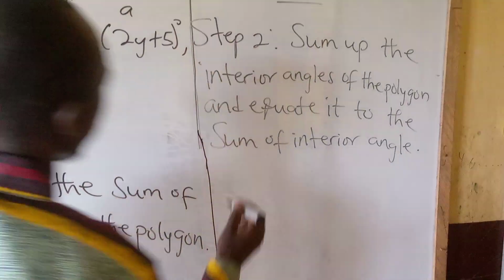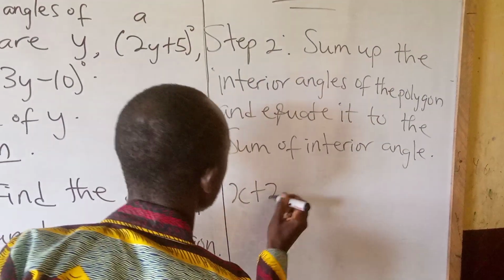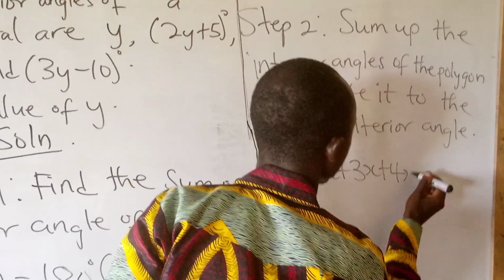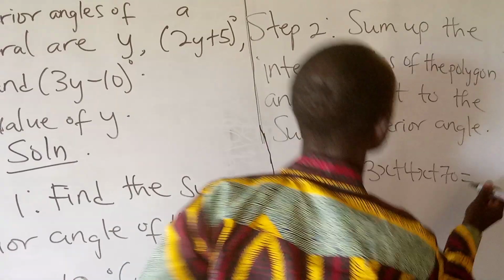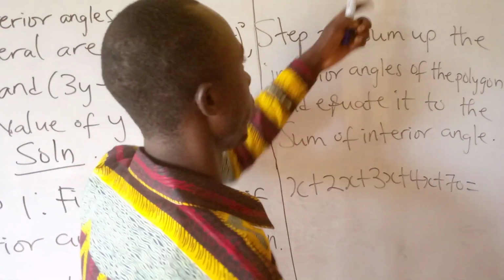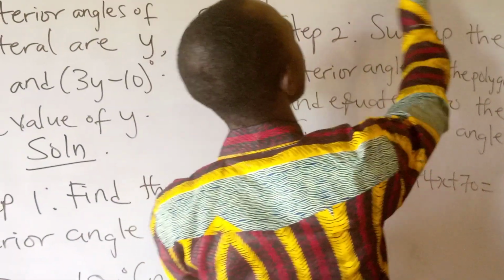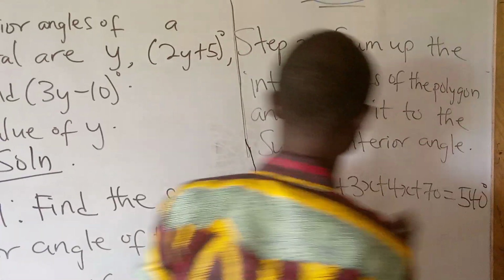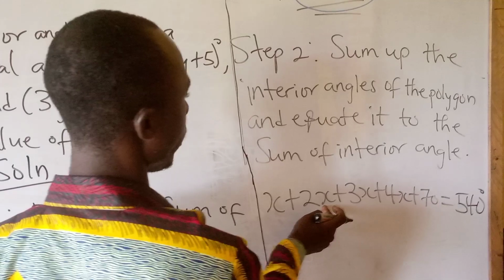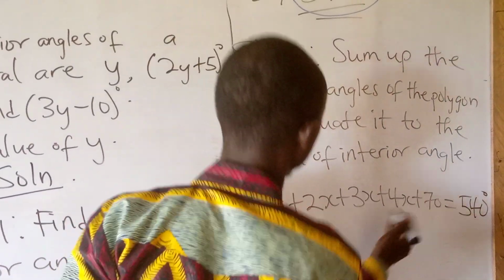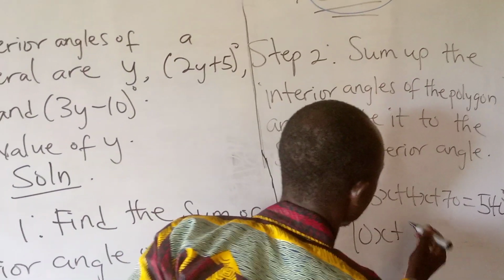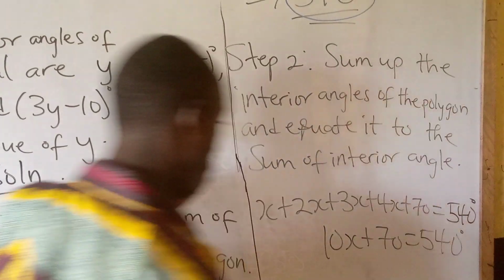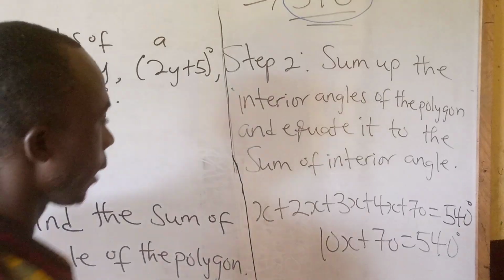So we add it up, it becomes x plus 2x plus 3x plus 4x plus 70 equal to this sum of interior angle, which is 540. So this plus this, 3x, 6x, 10x plus 70 equal to 540. So we group like terms.